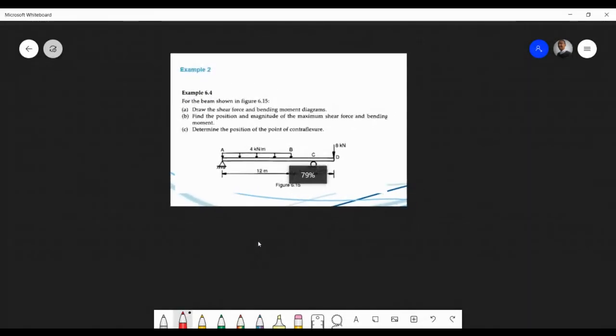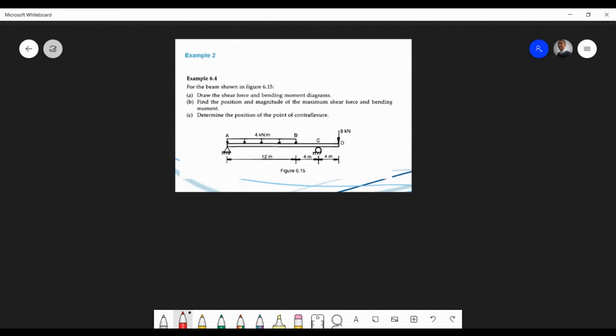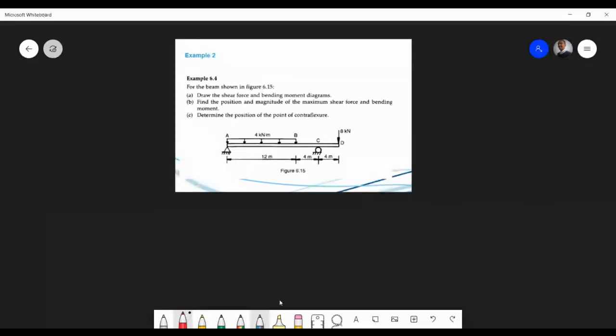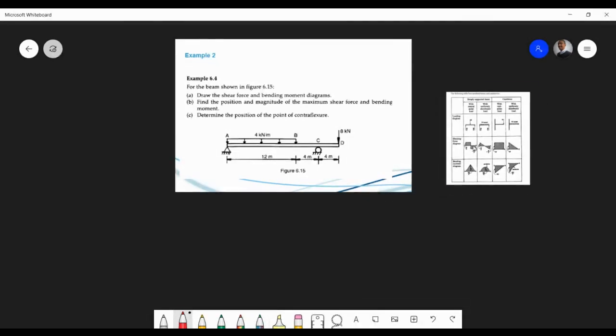What's new is that you have a UDL, right? And I did mention you have to be cognizant that when you have a different kind of loading, the pattern is going to change.